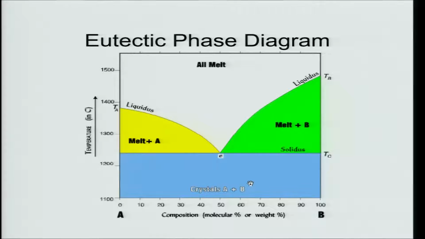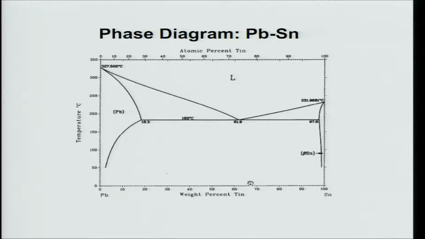The second type of phase diagram is like lead and tin, in which we have the eutectic reaction at the eutectic temperature of 183 degrees Celsius for the lead tin system, but also we have two ends. The two ends of these two components are not pure, but solutions: on the left side a solution of lead in which tin is present, and on the right side a solution of tin in which lead is present.